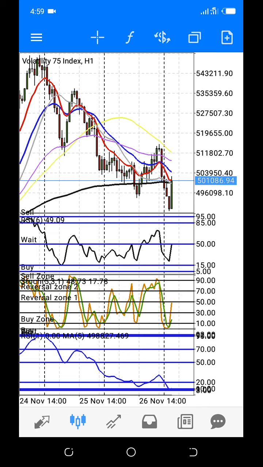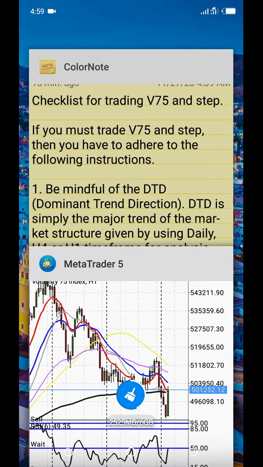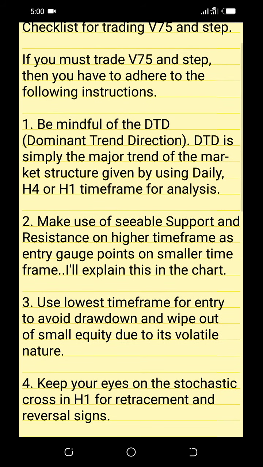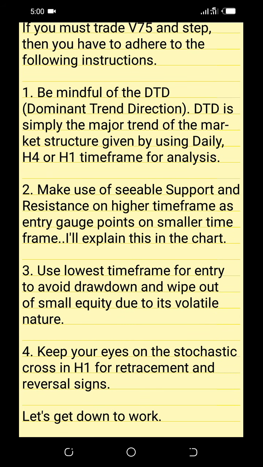So let's get to talk about V75. First and foremost, there are basic checklists, and I want you to follow me carefully. If you must trade V75 and Step indices, you have to adhere to the following instructions. Number one, be mindful of the DTD.